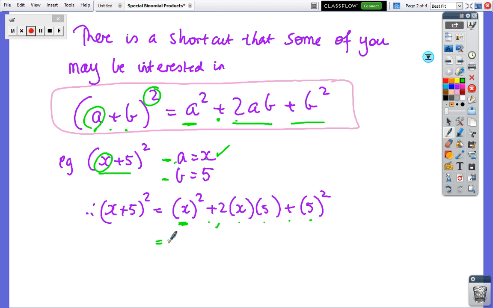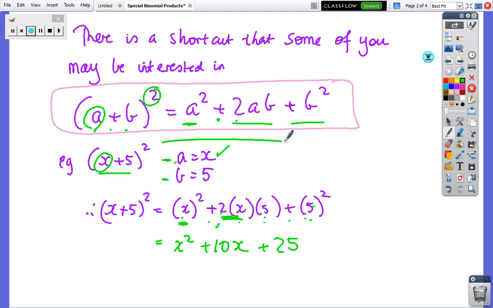So when you do that, x squared is x squared, 2 times x is 2x, 2x times 5 is 10x, and plus 5 squared is 25. So you don't actually have to do the lines or the boxes. It's a method that works. I think maybe some of you won't be interested at all because you can just do it by the box method or the line method.